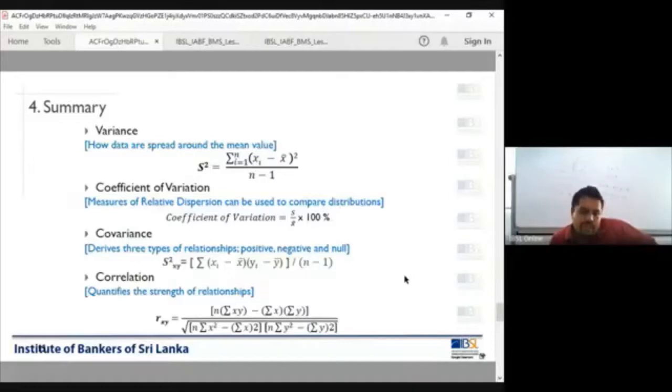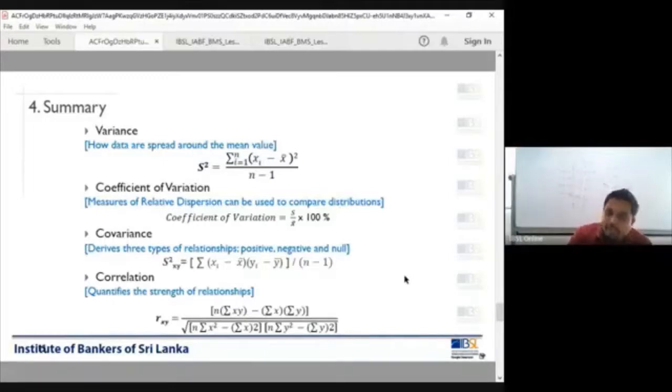Maybe the examiner can ask you to plot a graph and visually identify the relationships, or the examiner can give you a graph and ask you to comment on the evident relationships based on the face value of it. And then the examiner can give you some values for your independent variable x and dependent variable y, and ask you to compile these indicators of variance, coefficient of variation, covariance and correlation.